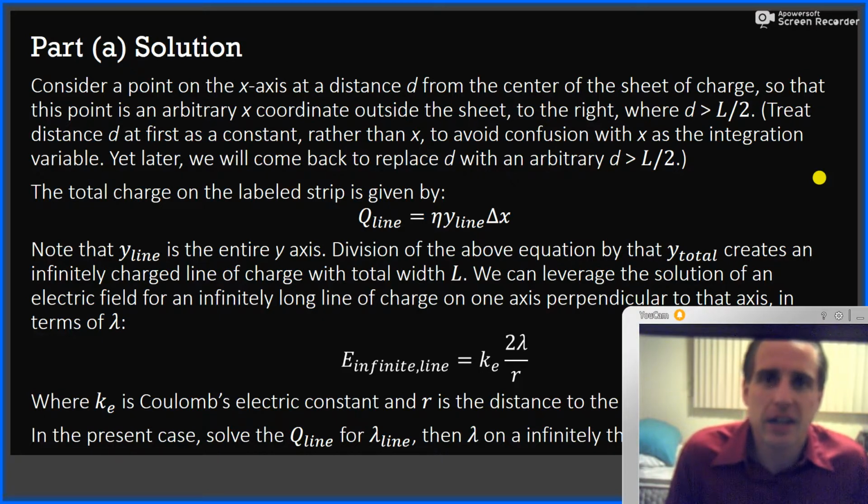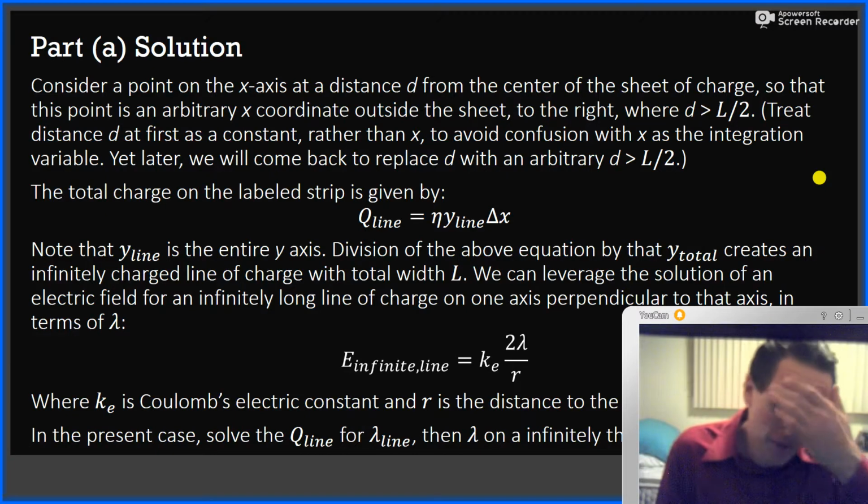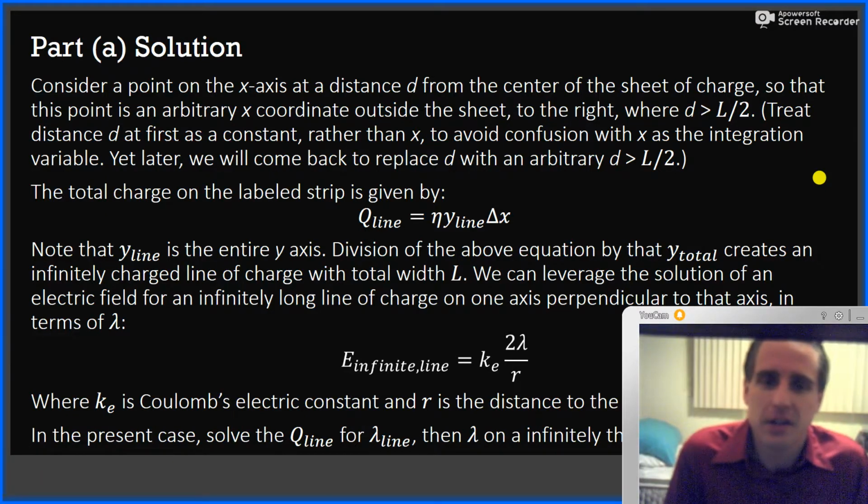So d is to be disambiguated from x. Let's just let d be a constant for now, because we'll find the electric field at that point d, but then at the very end we'll allow d to vary, because d could be anywhere outside the sheet. So that'll become clear as we go along.